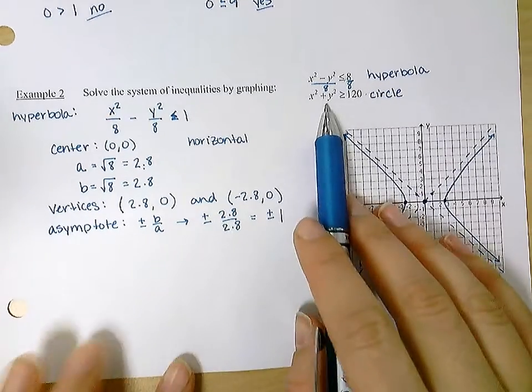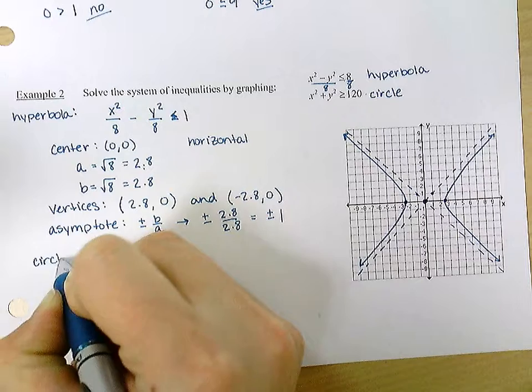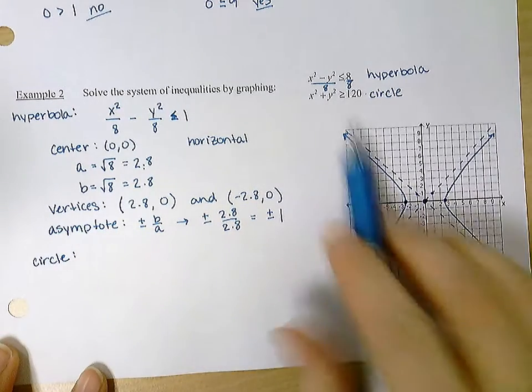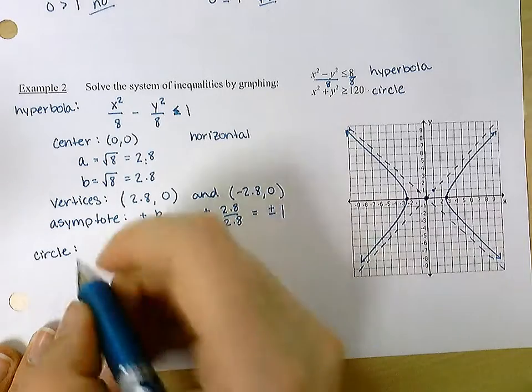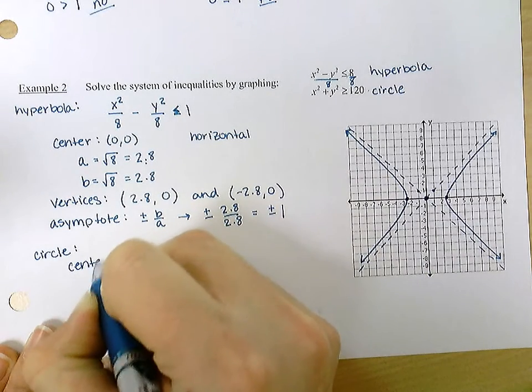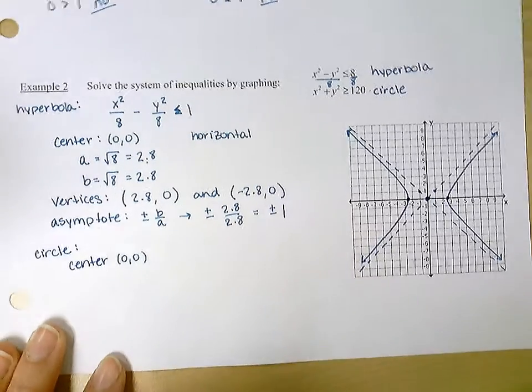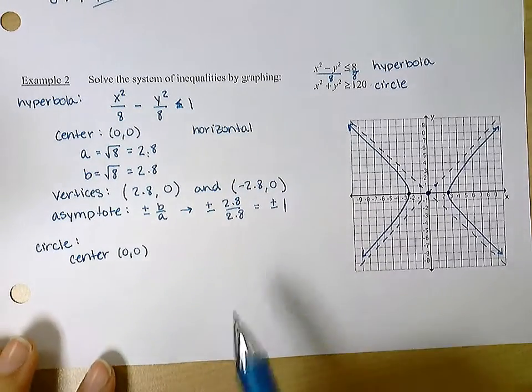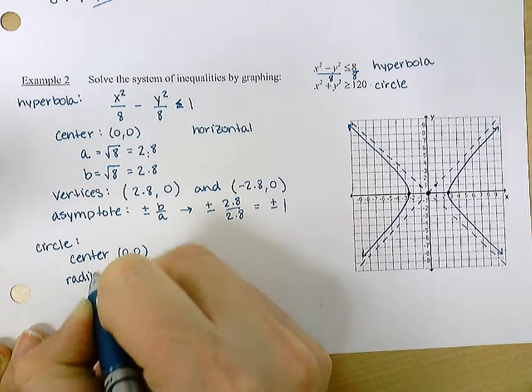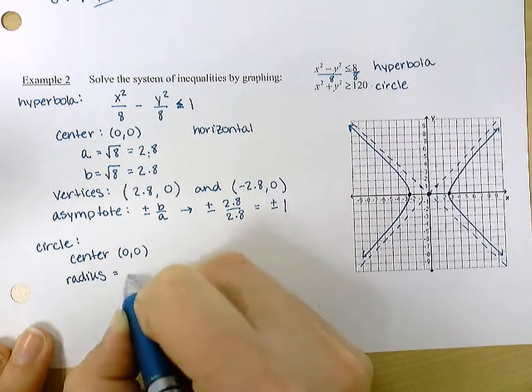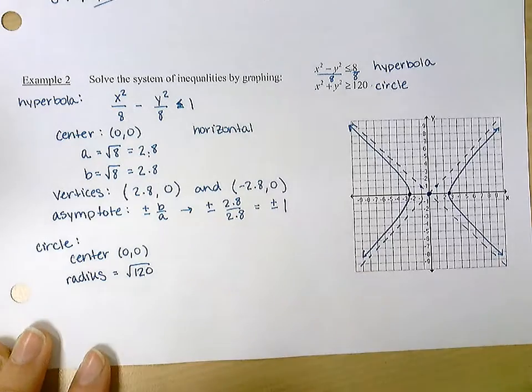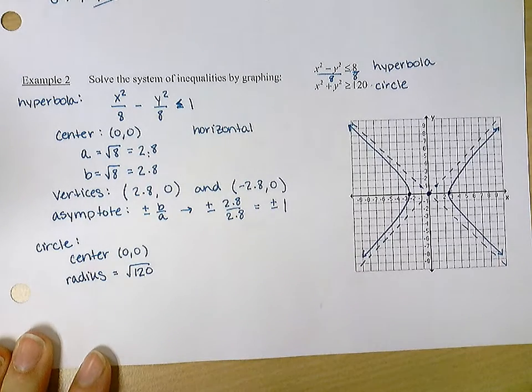Okay, so to graph your circle then, we need our center. Okay, center is at 0, 0. Your radius is the square root of that last number. Okay, the square root is like 10.9.